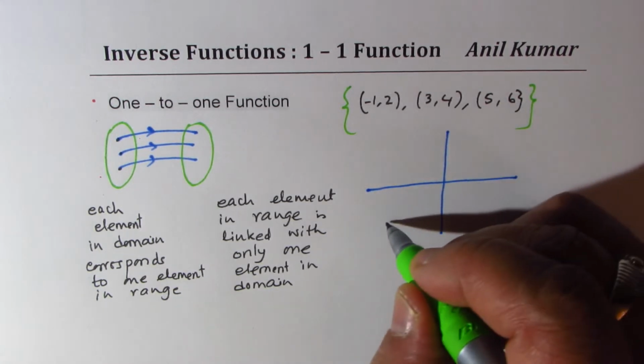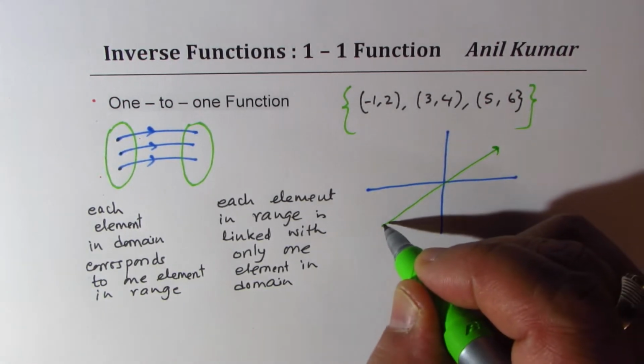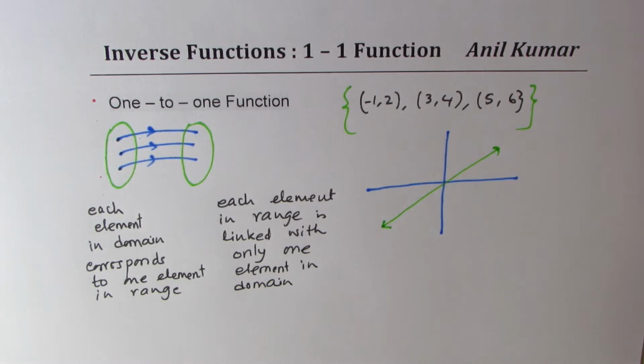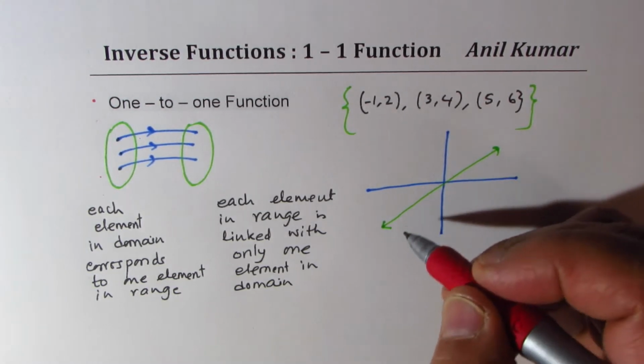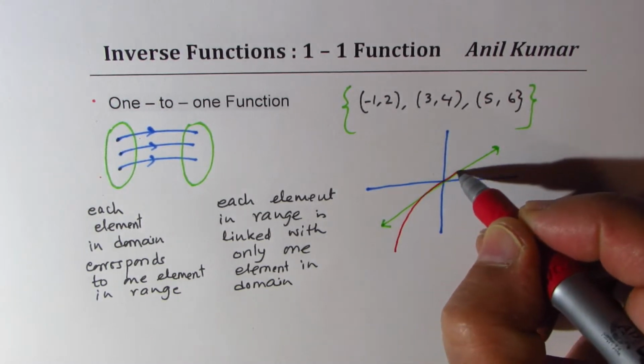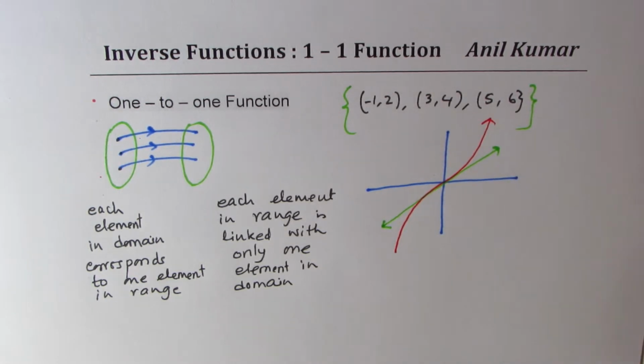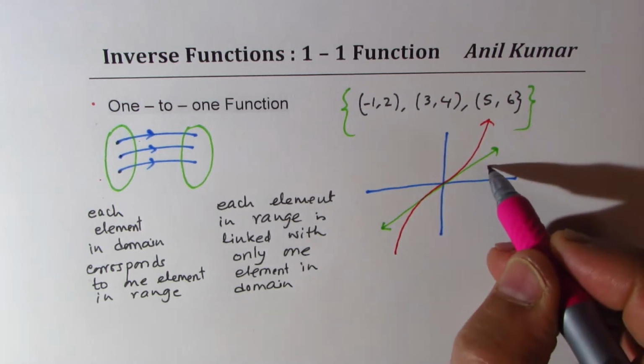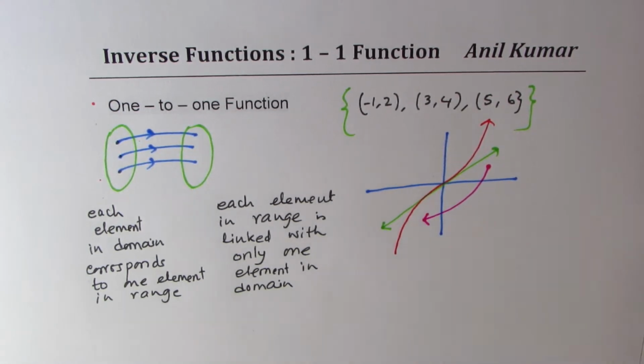For example, a straight line is a one-to-one function. I could sketch a function which is kind of like this. It is one-to-one function, correct? So all these functions which I've kind of shown you here are one-to-one functions. We could have a function kind of like this also, all right? So these are all one-to-one functions.